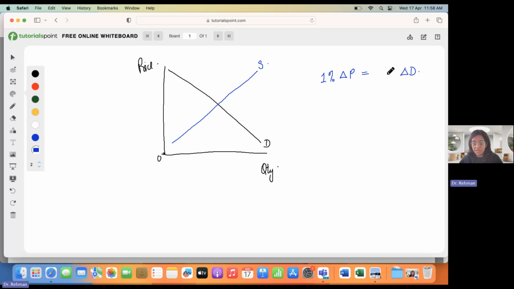This proportion of change in demand gives us a very important concept. Let's say that 1% change in price leads to 5% change in demand, and it can be in any direction. So a 1% increase in price will lead to a 5% drop in demand. This is called the response of demand to the price, and this response of demand to the price is actually called elasticity of demand.